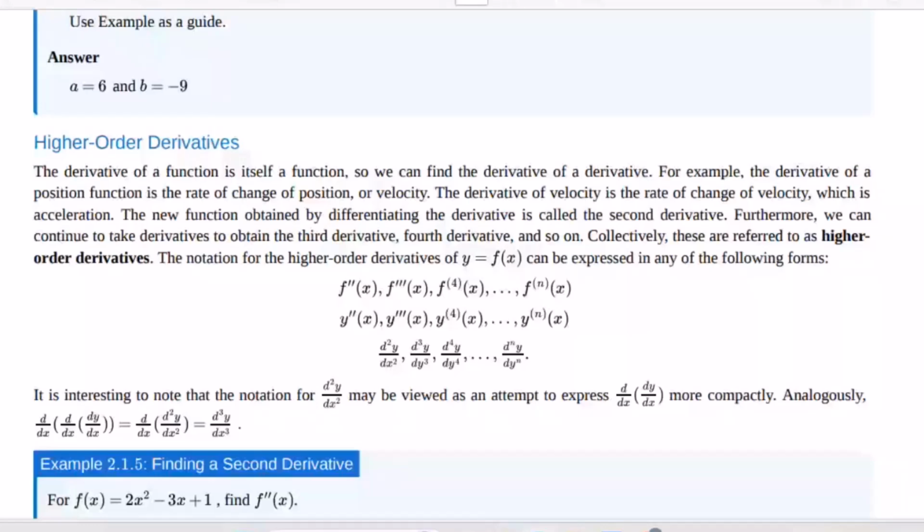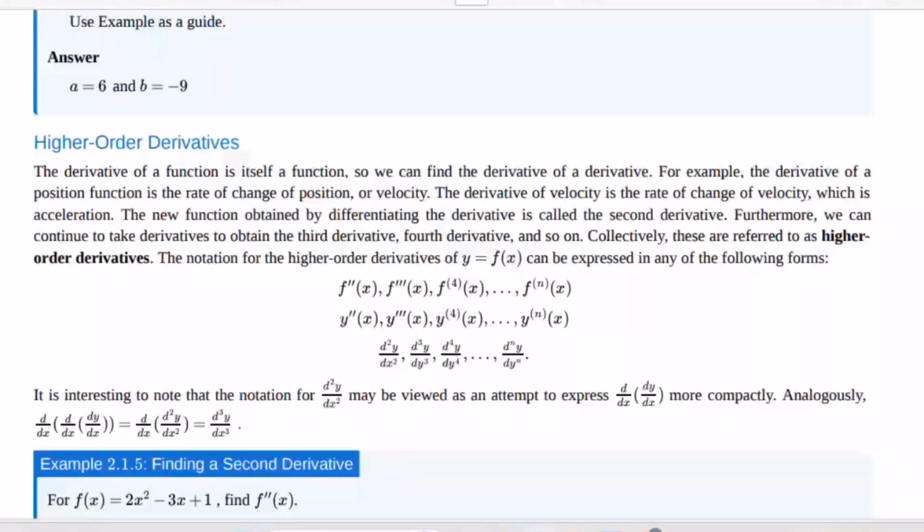So after that, I got the limit as h approaches 0 of 4xh plus 2h squared minus 3h all over h. Then I took h as the common factor in the numerator so that it can cancel with the h in the denominator. When I take out the common factor, I got h into 4x plus 2h minus 3.